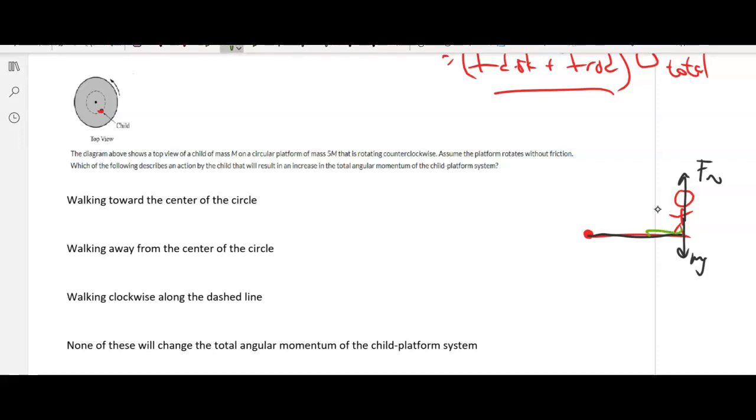Well, I have what's pushing him forward. So that's the ground, so force of friction, and we'll call that the platform on the child. But then Newton's third law, if we're looking at that child-platform system, I would also have force of friction of child on platform. So those two, they're also going through the axis of rotation, so those don't create a torque, and they would cancel out.